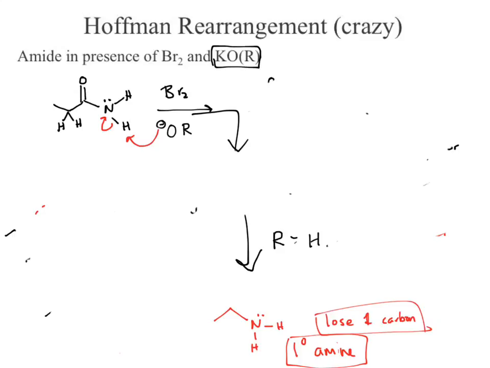If our R does not equal hydrogen, we end up with that product. We can't do the decarboxylation, if you will, because we can't break the bond between the R group and our oxygen very easily. That's not going to happen. So it has to be a hydrogen to be able to be pulled off.